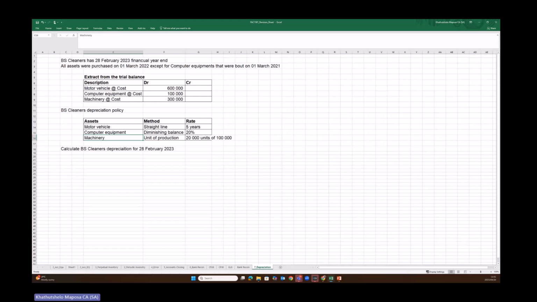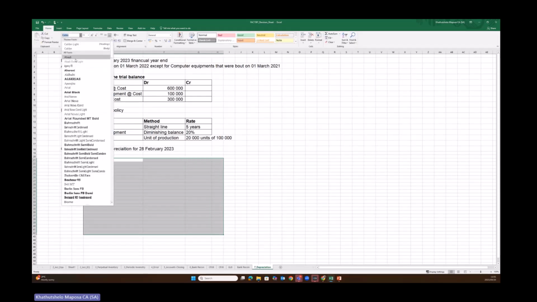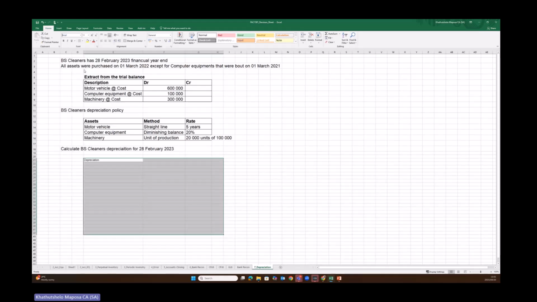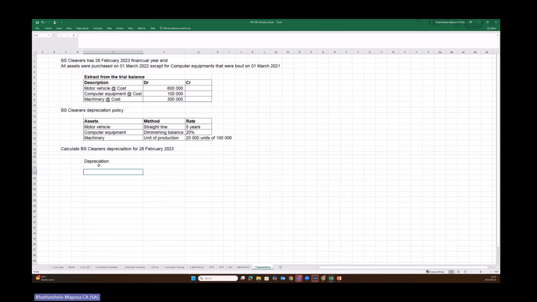In my own understanding, since there are no percentages for the motor vehicle, I was going to take the motor vehicle at cost, divide by the 5 years, and then get 120,000. I said there are no percentages.